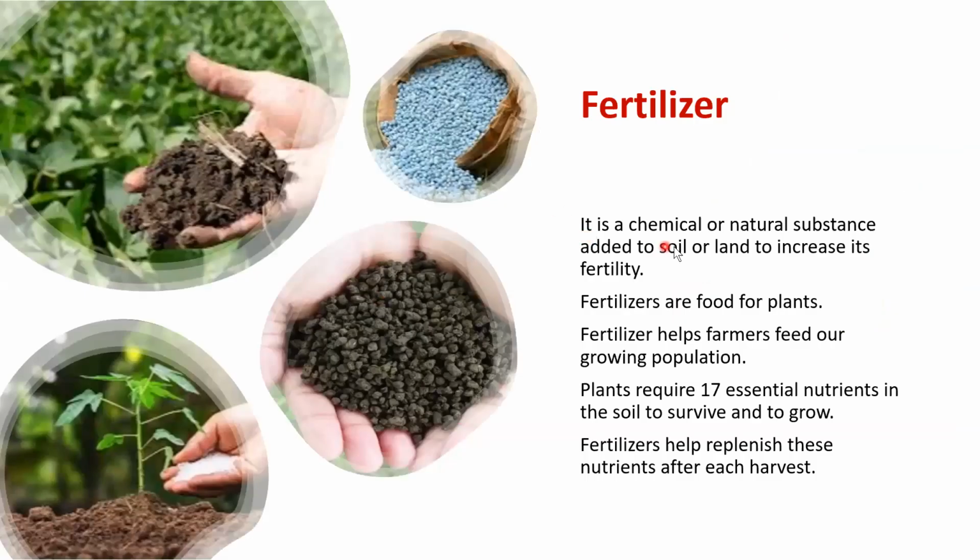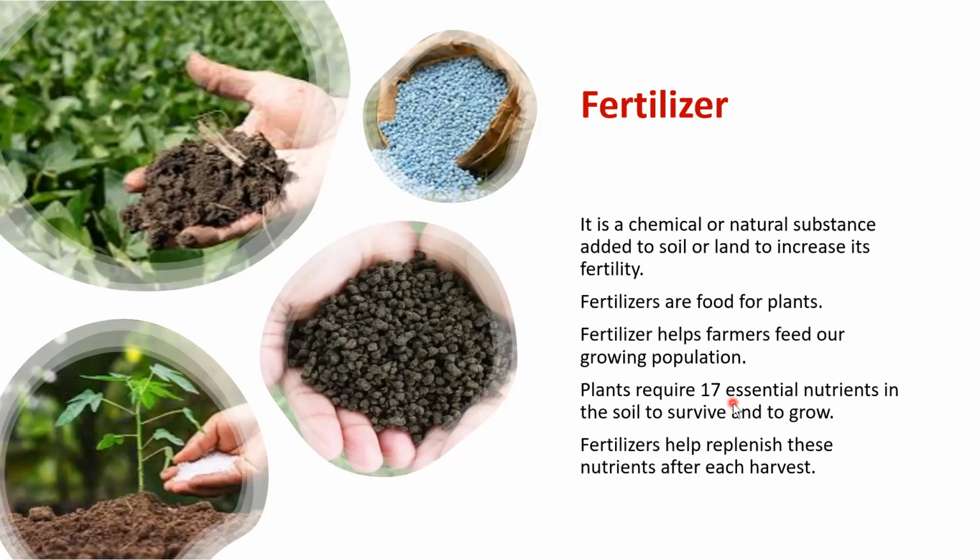Fertilizer is a chemical or natural substance which is added to the soil to increase its fertility. Fertilizers are basically food for the plants, and they help farmers feed our growing population, because if the fertilizer feeds the plants, the farmer will be able to get more yield. Plants require 17 elements, which we already discussed, to survive and grow.